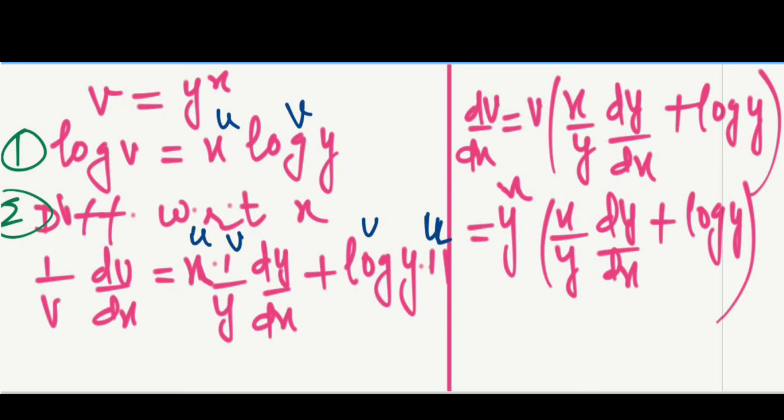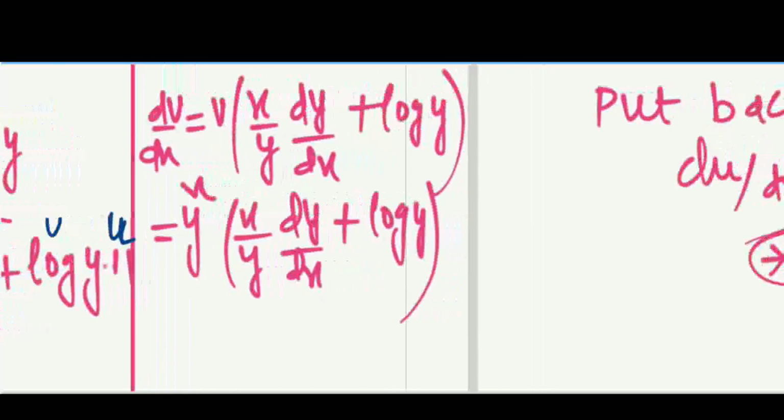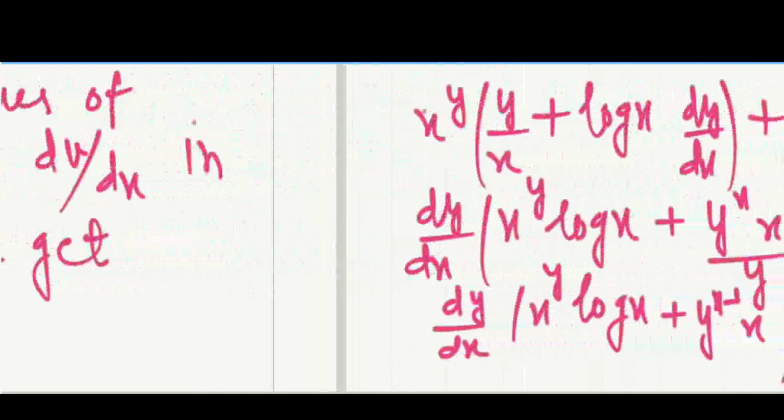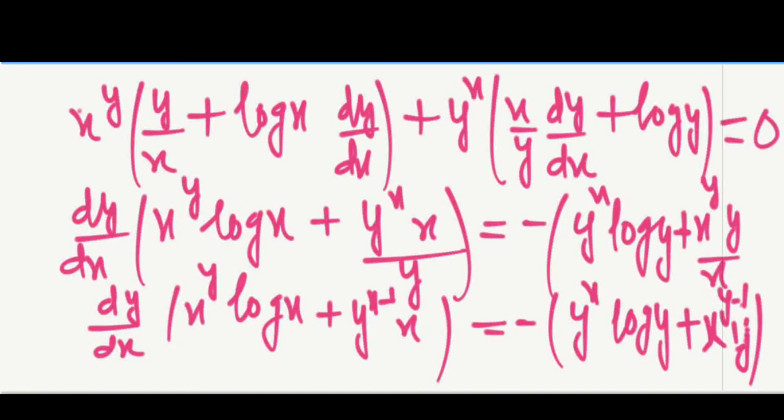Now friends, substitute these two values in the star equation. If you remember, that was du upon dx plus dv upon dx equals 0.